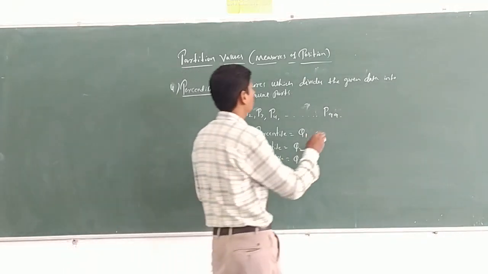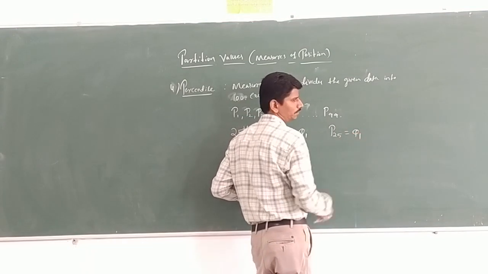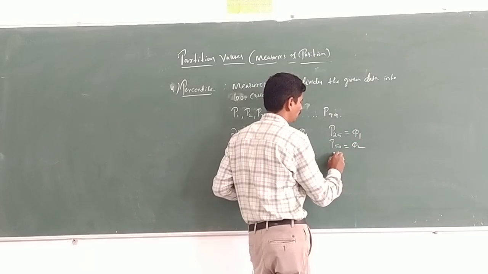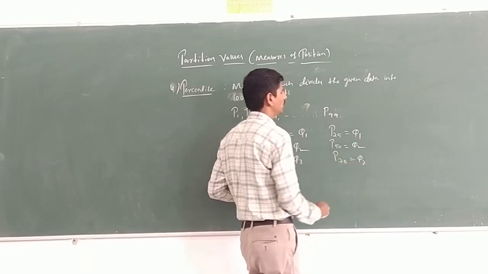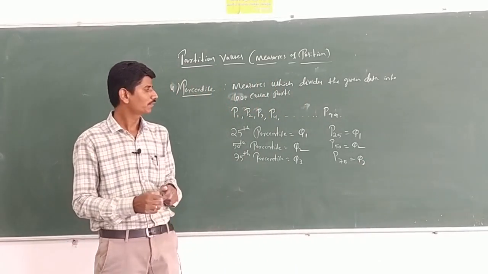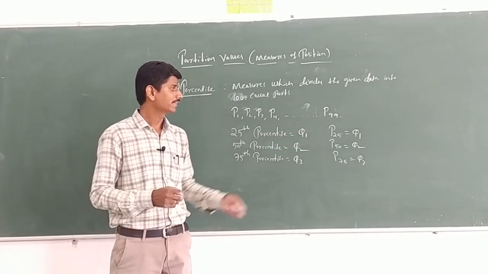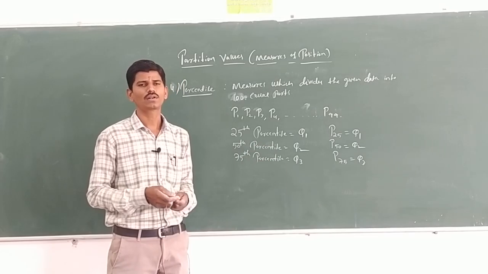So P25 is the same as Q1, P50 is the same as Q2, and P75 is the same as Q3. The 25th percentile is the first quartile, the 50th percentile is the second quartile and the 75th percentile is the third quartile.